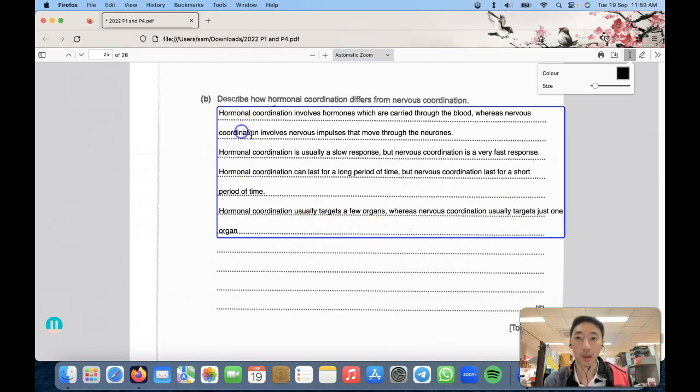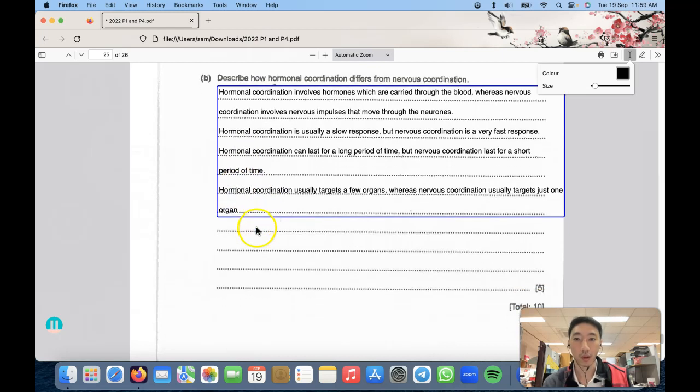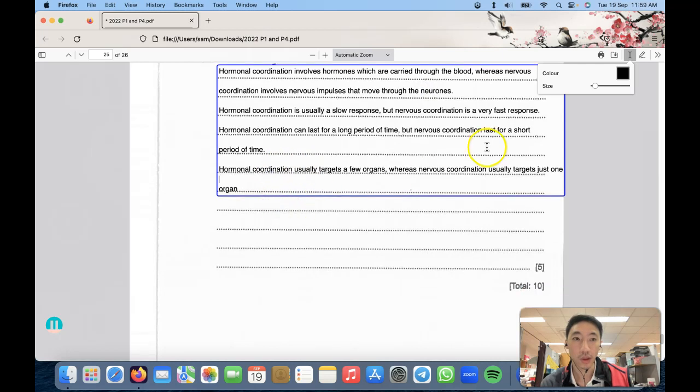Okay, 1, 2, 3, 4, 5. Because blood and neurons also is 1. So that's 5.